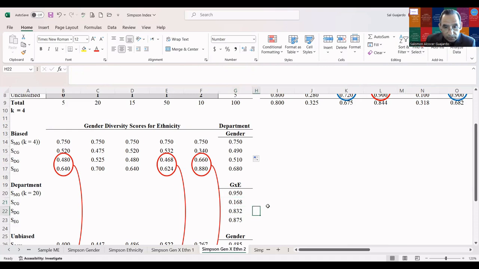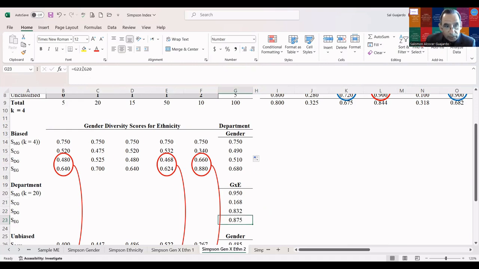And if I subtract the 0.16 from 1, that's going to give me a diversity score by gender by ethnicity of 0.83. So the 0.83 means that if I randomly select 2 individuals, they will not be of the same gender and same ethnic group.